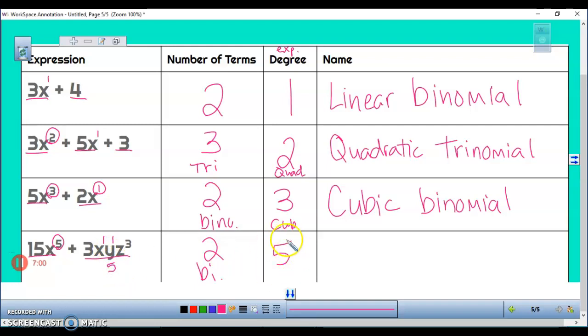There's no name for that. No name. So we just call this a binomial. If it doesn't have a degree of 0, 1, 2, or 3, we don't have to have that extra name. We're just naming this by the terms. It's a binomial because it has 2 terms. The degree is too large to give it an actual name.